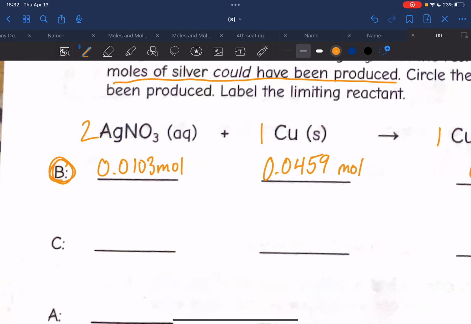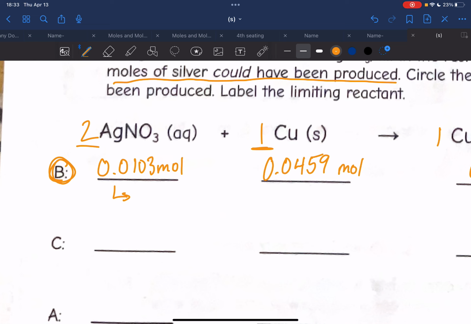So remember, when the problem gives us 2 mole amounts in the beginning, before the reaction takes place, what I have to do is divide by the coefficient and then take the smaller one, right?